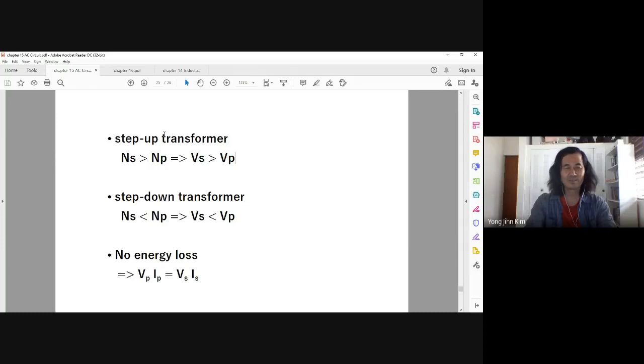And then you can have a step-down transformer when the secondary coil has fewer wire turns. And the energy loss is very minor, so the power through the primary coil is transmitted to the secondary coil without any appreciable loss.